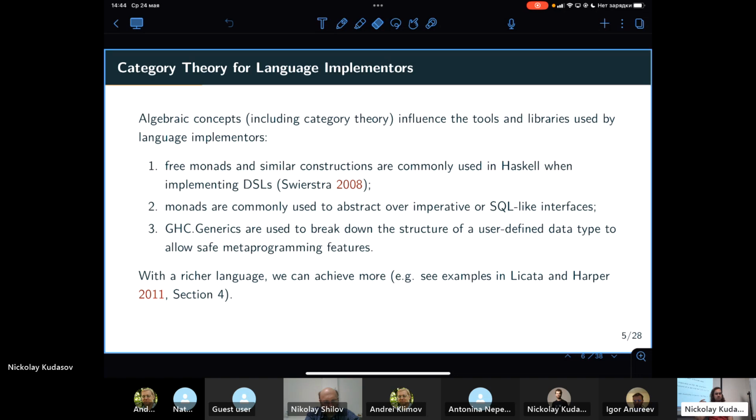But also there is list comprehension syntax, which is actually very close to what SQL looks like. And there are things like, for example, LINQ in C#, which is basically an overloadable syntax, very close to monads. So yeah.